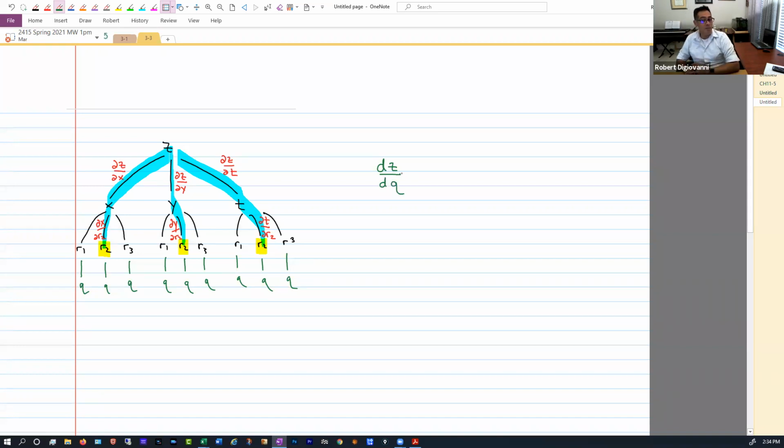Now, think about what it would be, though. I can't get rid of the blue, so I'm going to have to come in with green. So you go down this branch, then down this branch, and then down that branch, everything down that branch multiplied together, plus everything down that branch multiplied together, plus everything down that branch multiplied together, plus, and now you've got to go down all the other three branches here.